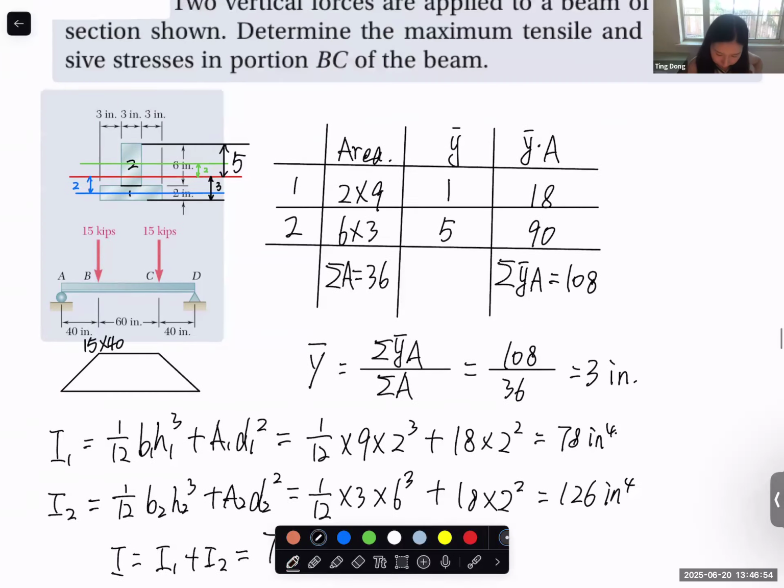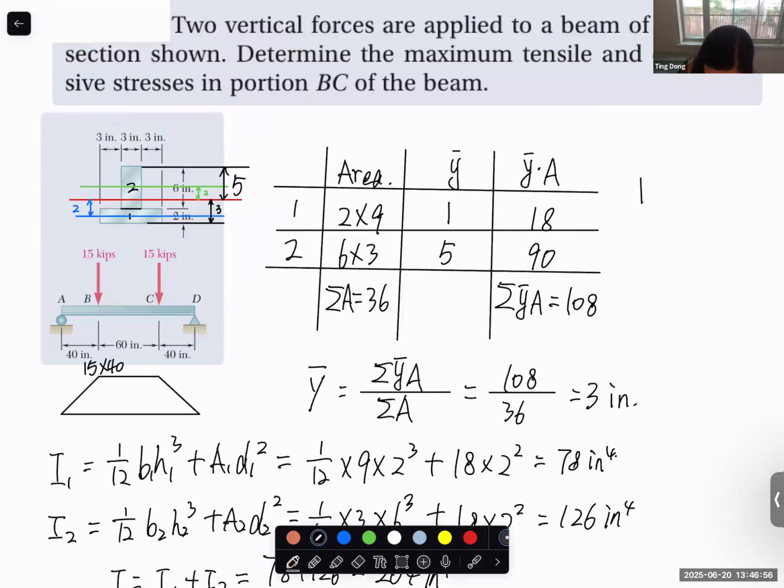Thank you for the question. So let's say it's an I-bar, right? If it's symmetric on the top and bottom, then this becomes very easy. Let's talk about the symmetric I-beam first.